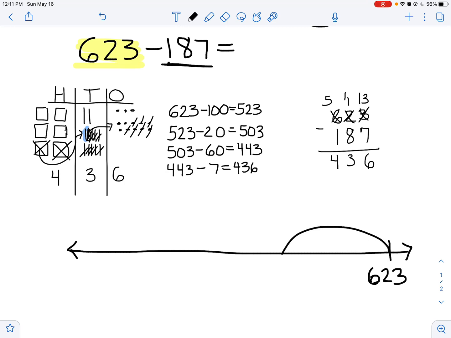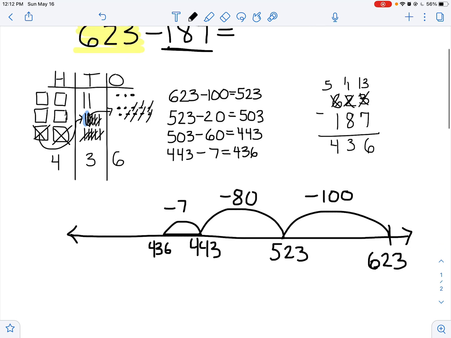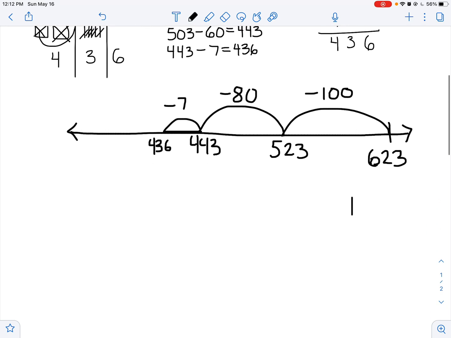So I can say, okay, well, I'll take away 100. That gives me 523. I'm going to take away 80. That will get me to 443. And then I can take away a 7. And that will get me to 436. So that's one way. Or you can use it to count up.